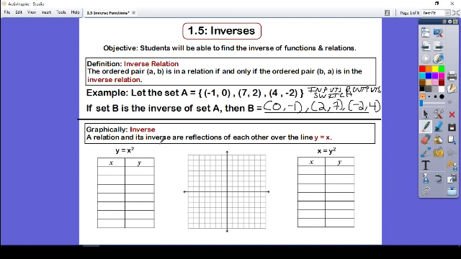Alright, so let's look at an inverse graphically. y is equal to x squared. We'll have a critical value, let's say I have 0. 0 squared is 0.